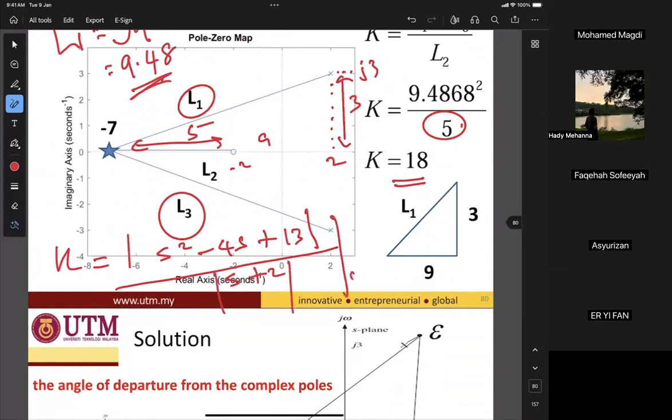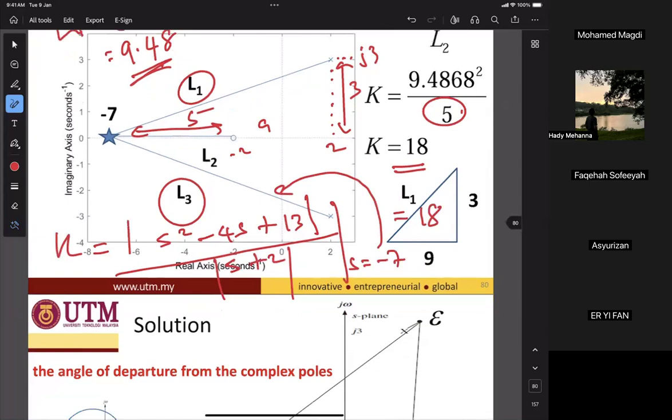Then replace S with -7, insert -7 inside and find the magnitude. So you will get the value of K is equal to 18 as well. So we have both formulas, both ways to do it.